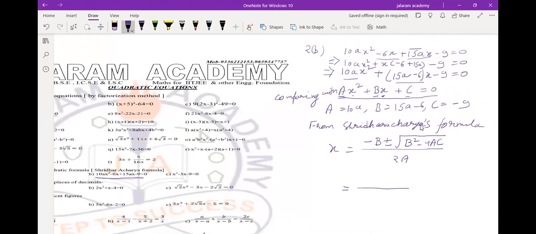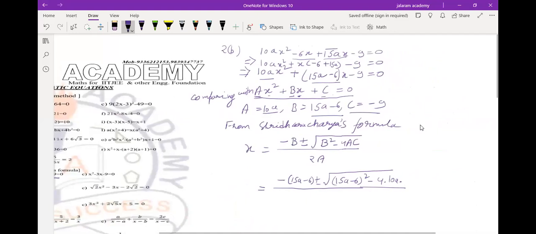So minus b is minus 15a minus 6, under root 15a minus 6 whole square minus 4 into 10a into c, minus 9, over 2 into a.